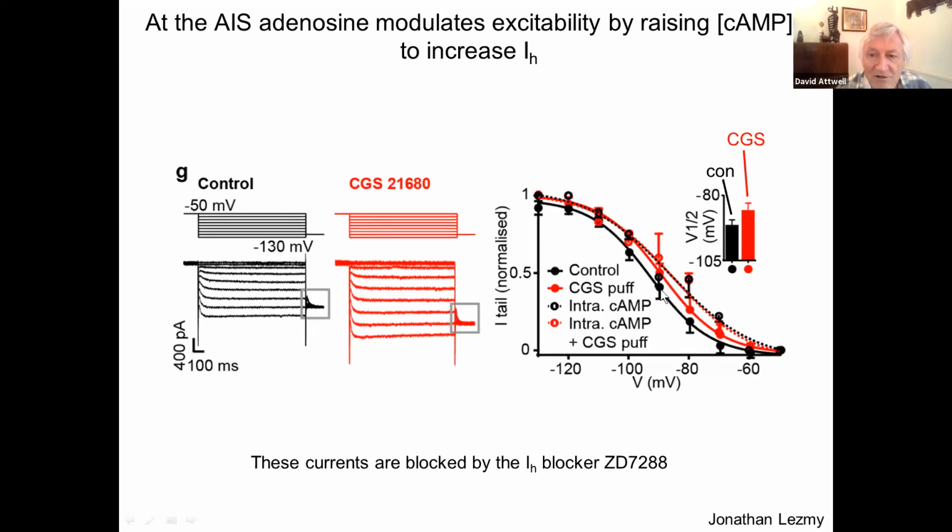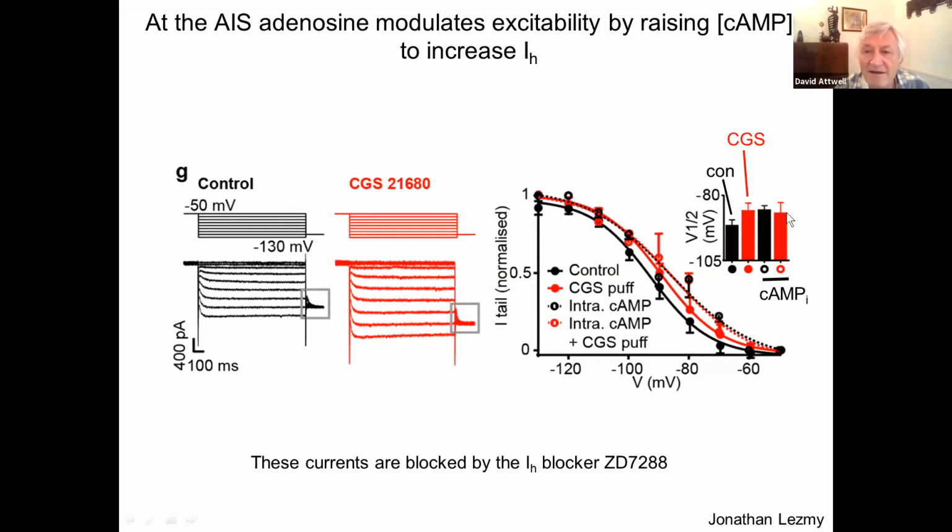They're activated as you go more negative. The black dots are the control situation. The red dots are with the adenosine present. And you find there's a shift of this curve to the right. It's significant. And that means that more of these channels get activated at the resting potential, for example. And this is produced by cyclic AMP, because if you put cyclic AMP into the neuron from the patch pipette, then you have already got this rightward shift of the activation curve.